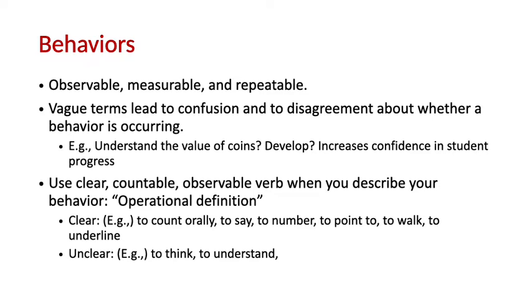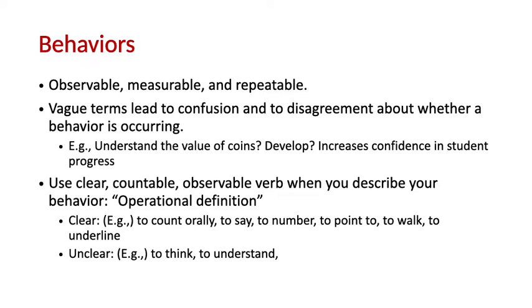So, for example, understand the value of coin, developing something, increasing something. Those are not observable, measurable, repeatable behavior because they are still vague, and especially increased confidence. That's not something you can see, right?